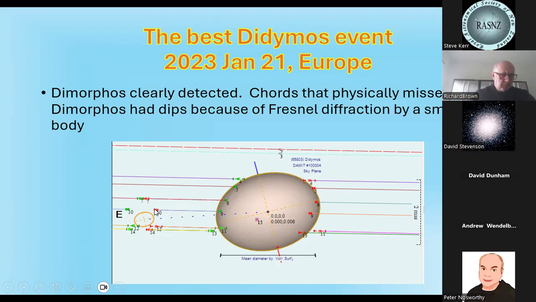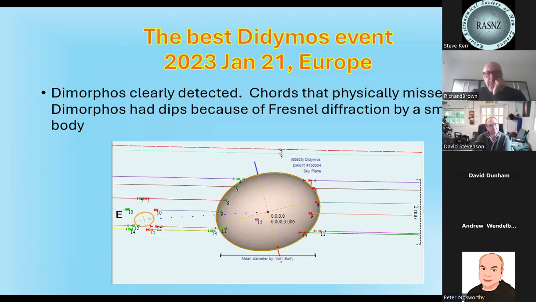Even though these chords were missing the body, because it's a small body and the effects of Fresnel diffraction, they were all getting chords of some dip in the light curve caused by the presence of Dimorphos. When you've got a very small object and Fresnel diffraction's involved, you can get an occultation event even though the chord does not physically cross the asteroid's body. As we get to smaller and smaller asteroids, that's going to become a real issue.